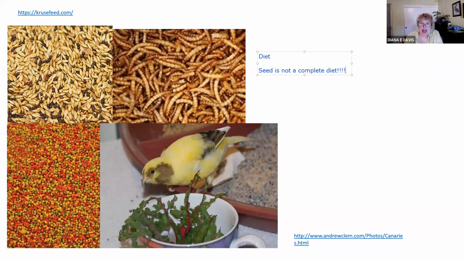What's the difference between eating seeds in captivity and eating seeds in the wild? The captive seeds, the stuff that you can buy in the store, has lower diversity, and it's going to be older.